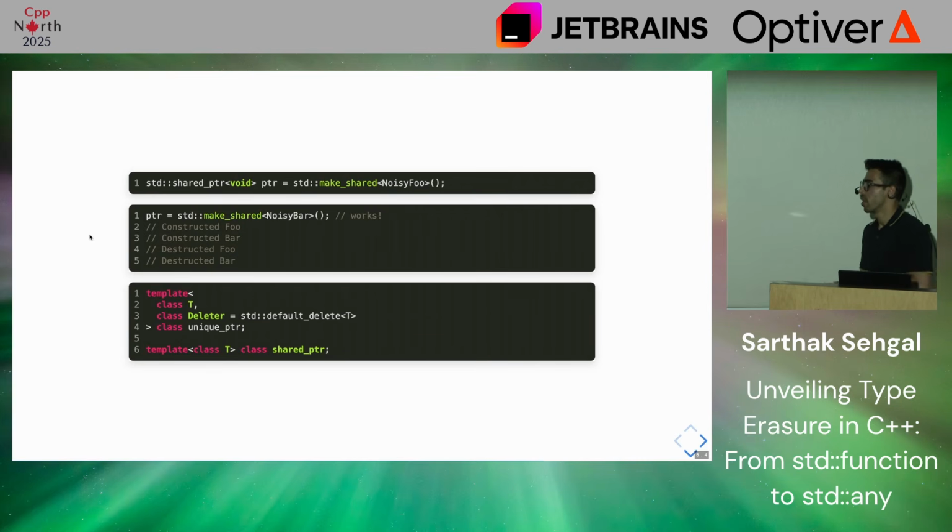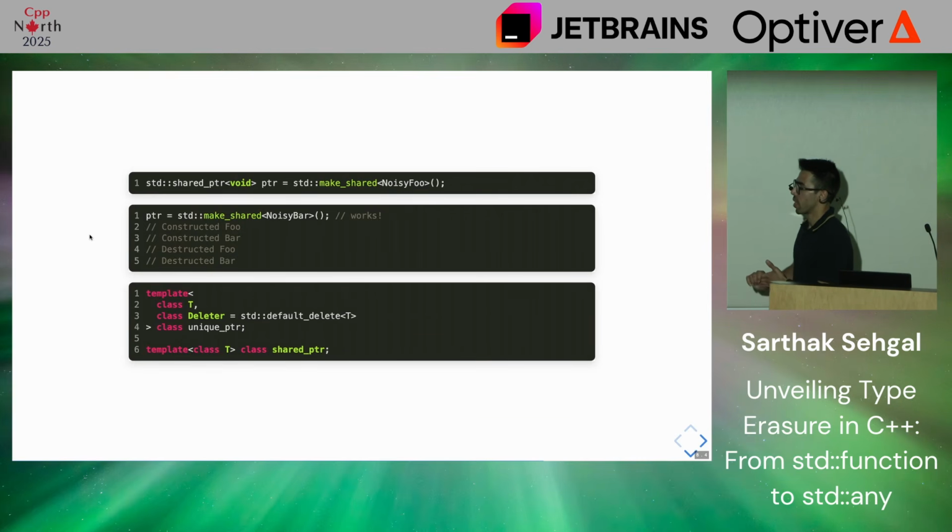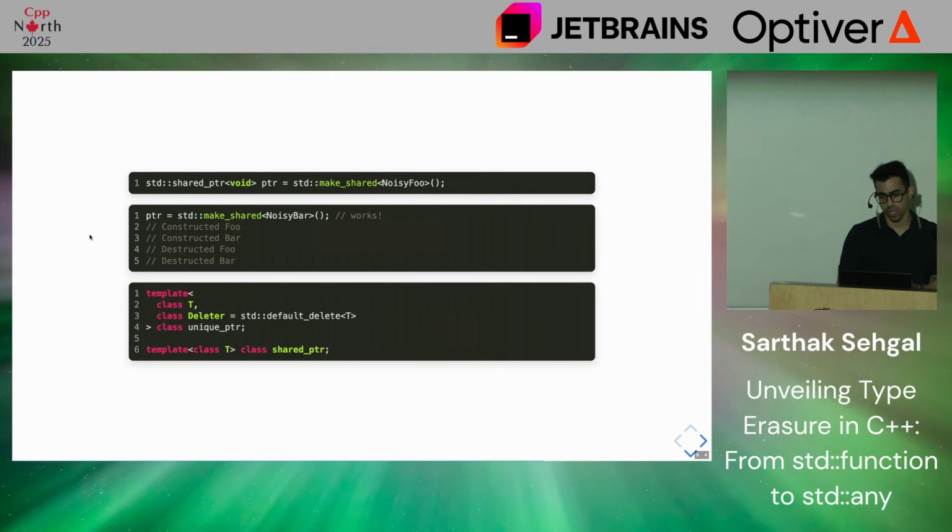The difference is that the unique pointer expects two templated arguments, the type T and the type of the deleter, but shared pointer only has a single type argument, the type of the pointer. But somehow it's still able to store the type of the object being passed to it.